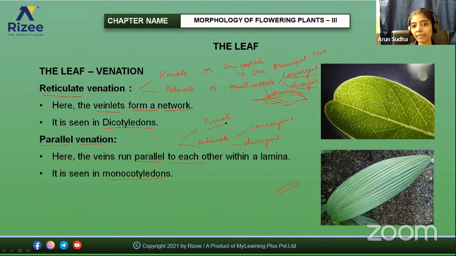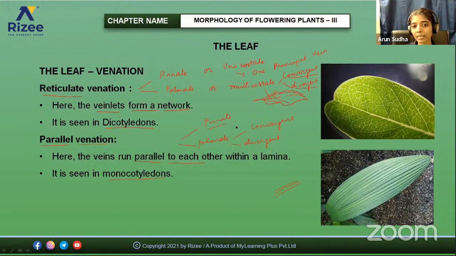If it is pinnate, only one main vein is present, so it goes from the petiole to the apex. And in the case of palmate, there will be many veins that originate from the petiole and go to the apex. If they are converging together to the apex, it is convergent. And if they are away from each other, then it is a divergent type.